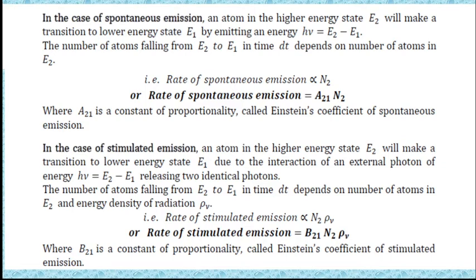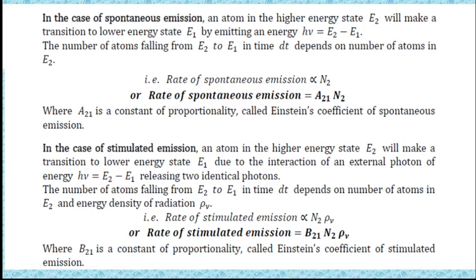The number of such atoms which undergo downward transitions spontaneously in time dt depends on only one factor, that is the number of atoms N2 present in the upper energy level E2.